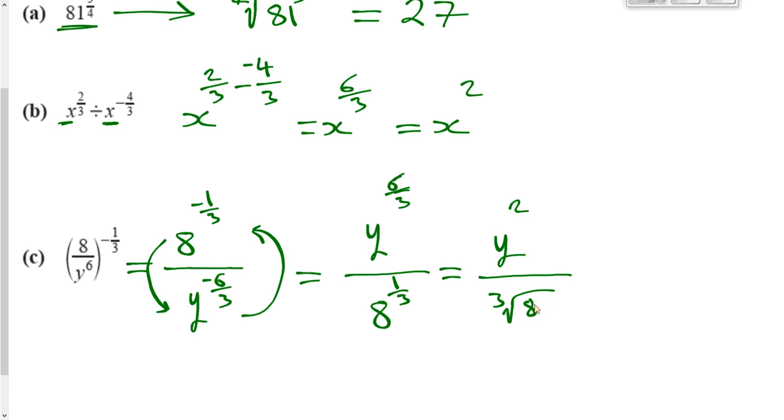We don't have to put that 1 there. Then through using your calculator, or if you just know it off the top of your head, we should know that the third root of 8 is 2. And we have y squared over 2, fully simplified, and that is our answer.